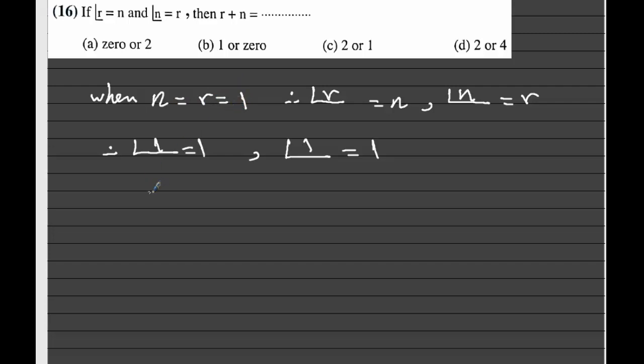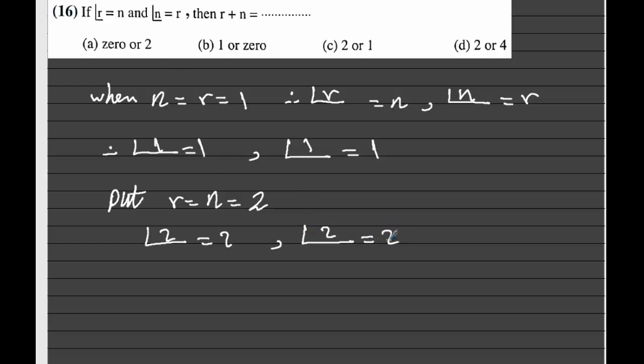Also put n equals 2 and r equals 2. So here we have factorial 2 equals 2, so factorial r equals n. And with n equals 2, factorial 2 also equals 2, so factorial n equals r.